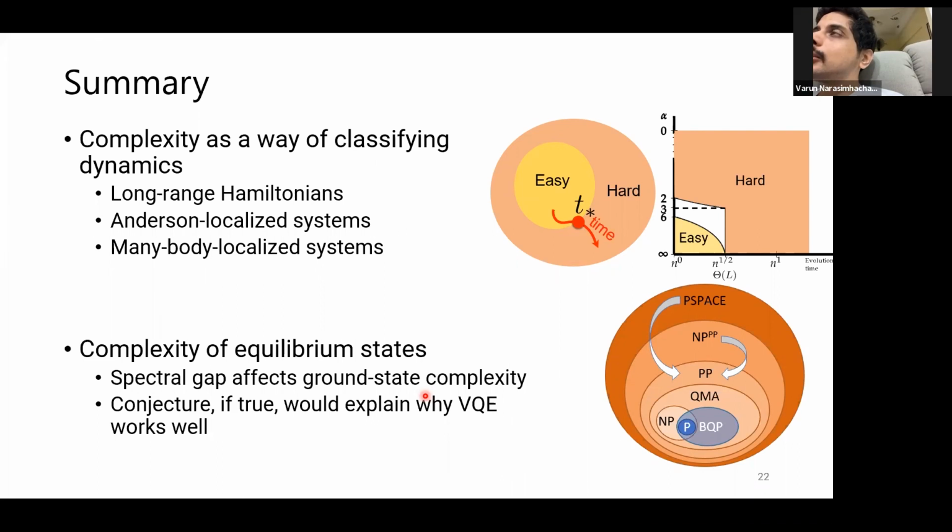Another question I had is somewhat related: what if you identify certain observables as the things you're interested in? Does that significantly change the statements about what is hard and easy, or what the regimes are?